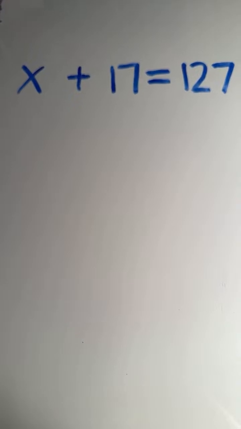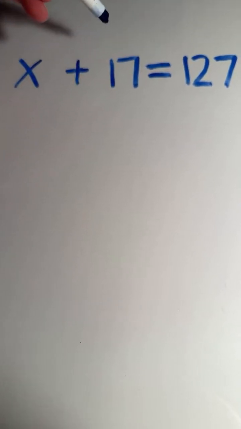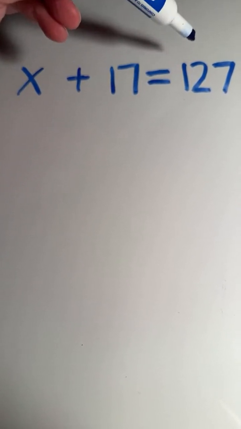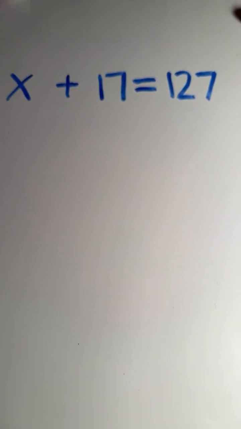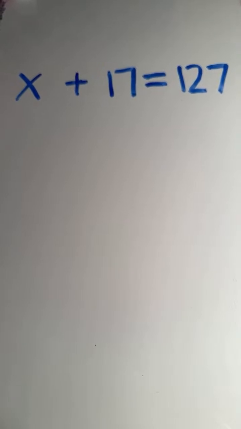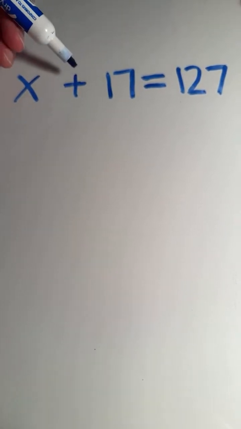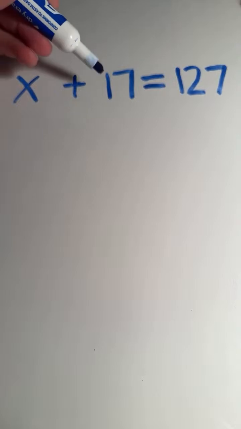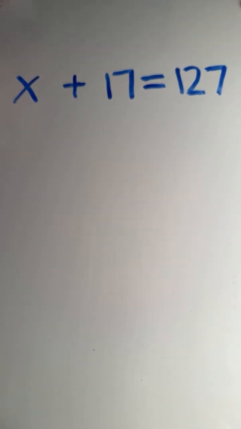So again, to find the value of x by itself, we have to get this 17 on the other side of the number line. And we do that by doing the opposite of whatever the operation in the number sentence is. So because the operation is addition, we have to subtract to get x by itself. And if the operation were subtraction, we would add. We have to do the opposite of whatever the operation is.